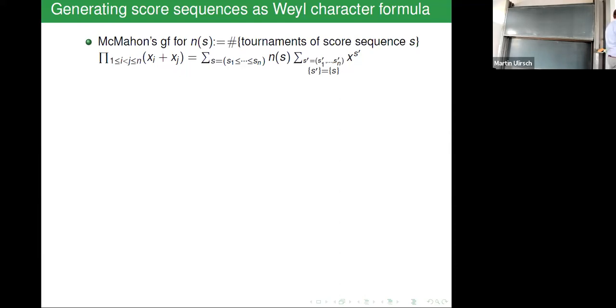In like terms, it just means that we collect all those monomials, the score vector, the exponent of that monomial. They have the same set of scores, therefore we can just rearrange them. And that's what he was interested in, this kind of expression. And he was interested in, for example, the multiplicity, that is, how many times a score sequence can be repeated.